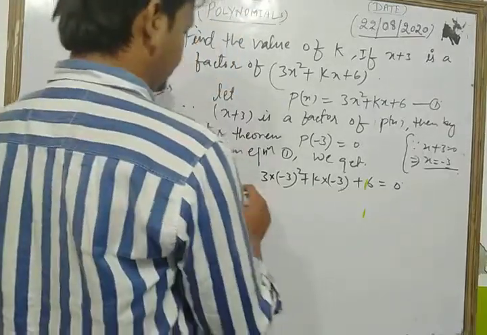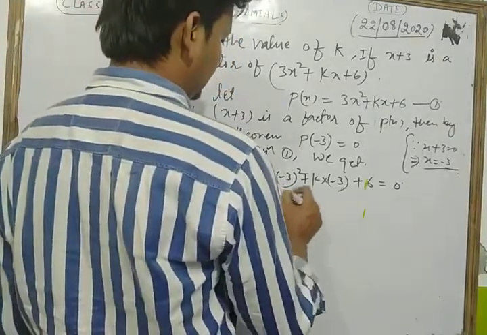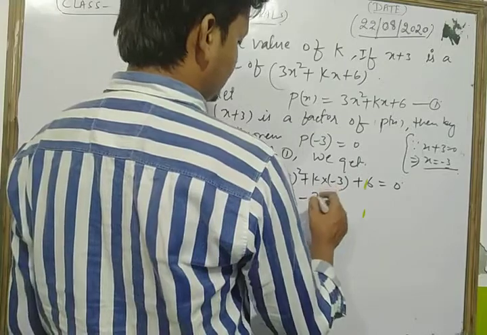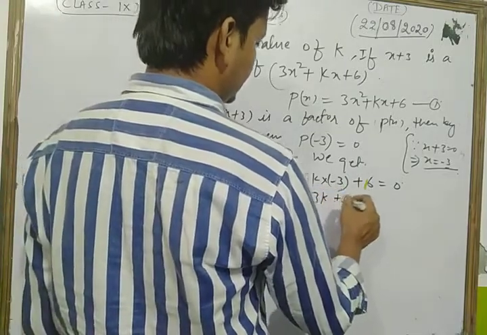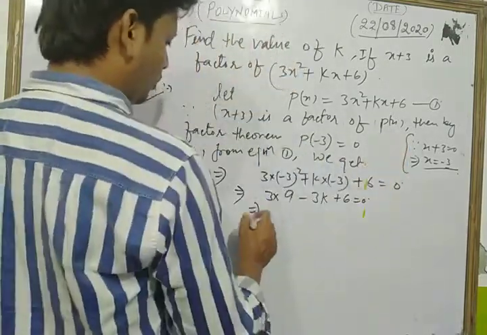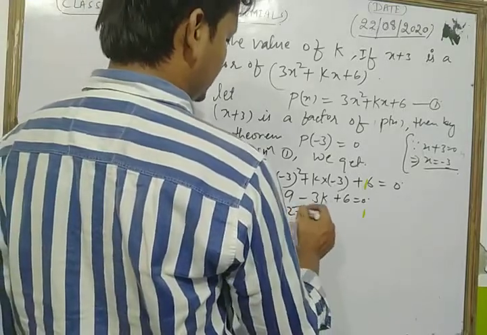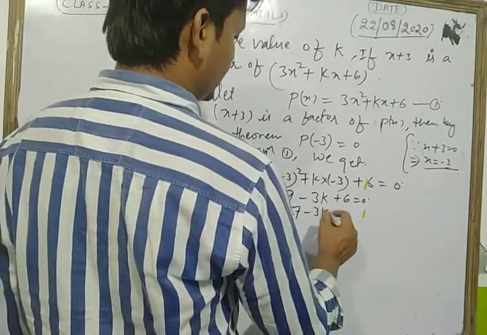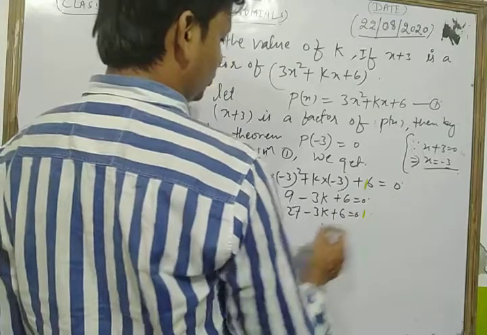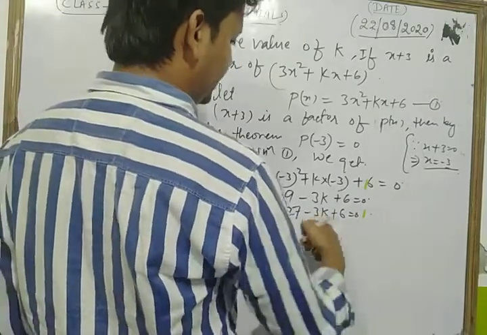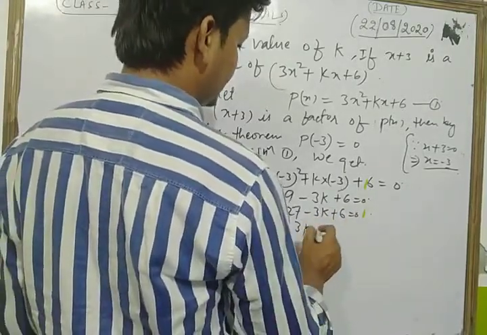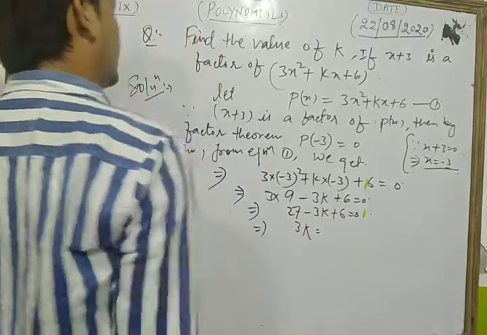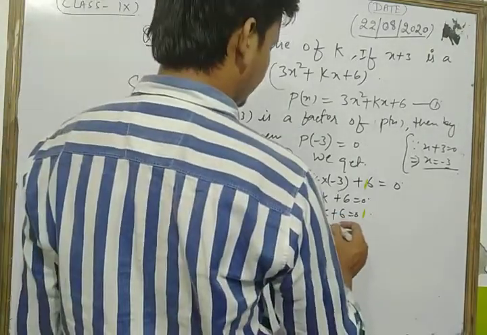Now let's see, here we get 3 into 3 is 9, so 3 into 9 is 27, minus 3k plus 6 is equal to 0. Now we have 3k, transfer that side, so we get 3k is equal to 27 plus 6, which is 33.